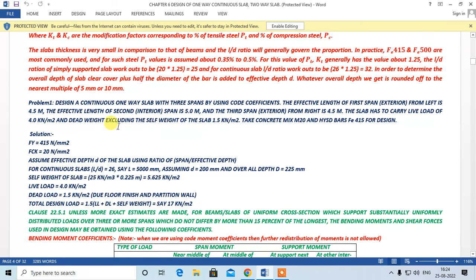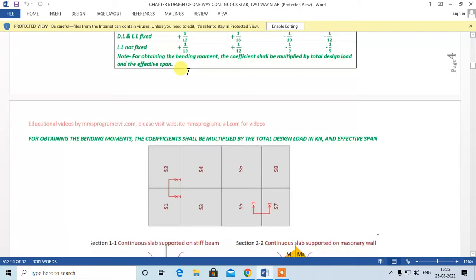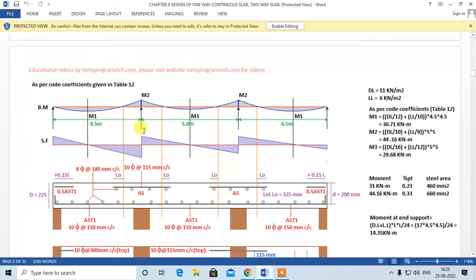Okay, so let us start with the problem. Design a continuous one-way slab with 3 spans using code coefficients. The effective length of the first span, exterior from the left, is 4.5 meters. Okay, so let us see over here. This is the first span, that is 4.5 meters, right?